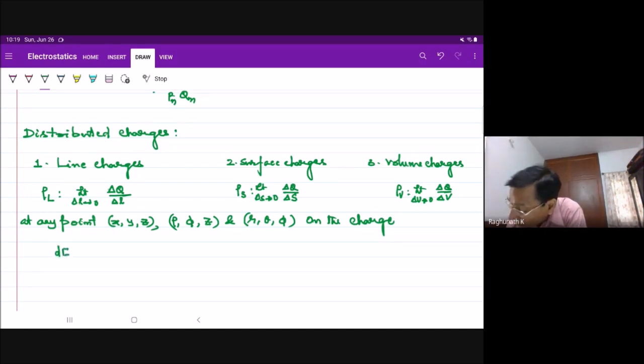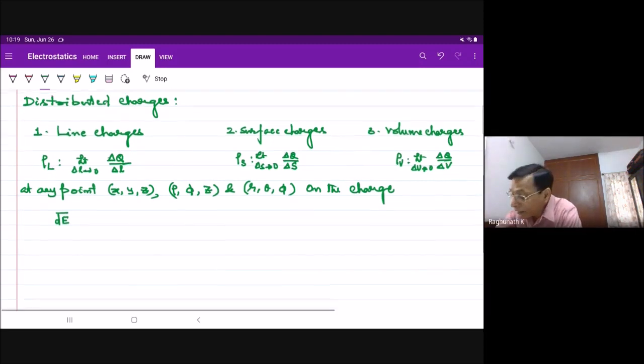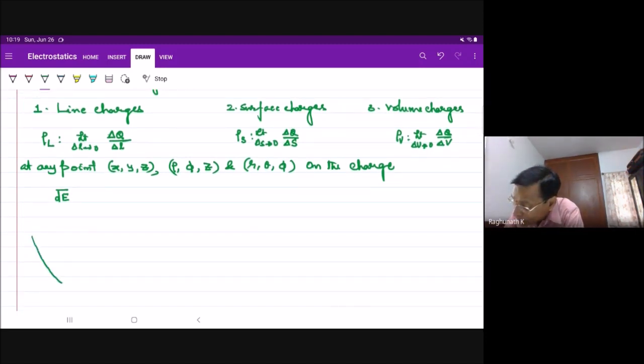Differential electric field intensity dE bar due to a small dl at a general point on the line that has the charge rho l times dl.